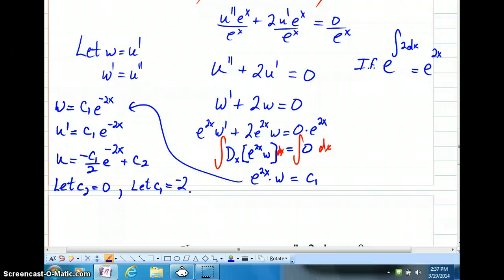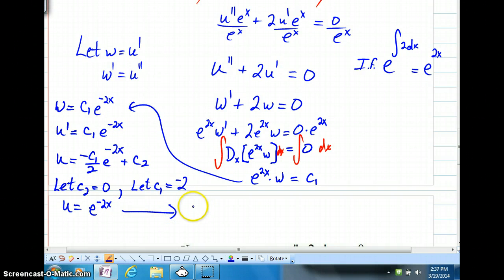Guess what our u would really equal then? u would equal e to the negative 2x. In other words, have those constants chosen so that really we just have the most simple form of a function with no coefficient whatsoever involved. Now, immediately kids can say, well, couldn't you have billions of other answers? Yeah, of course, but we're just keeping it in general. Now, what did we start our assumption with?